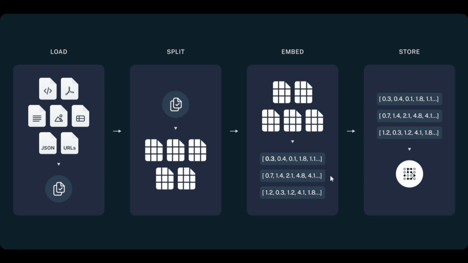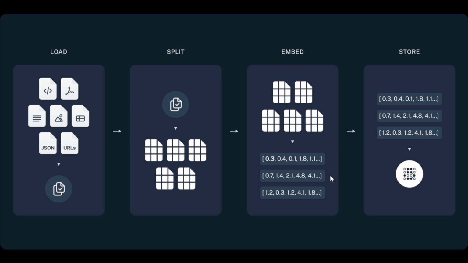After converting the data into vectors, we have to store it in a vector database. You can use different vector databases, but in this video we are going to use FAISS, and you can also use ChromaDB. I'm using FAISS because it is easy to handle a large amount of data, and it's open source.